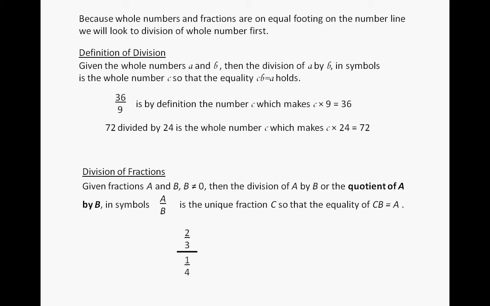So what this means is if we have 2/3 divided by 1/4, then that is going to equal c. Which means if we write it as a multiplication problem, it's the same thing as saying 1/4 times c, or c times 1/4, is equal to 2/3.